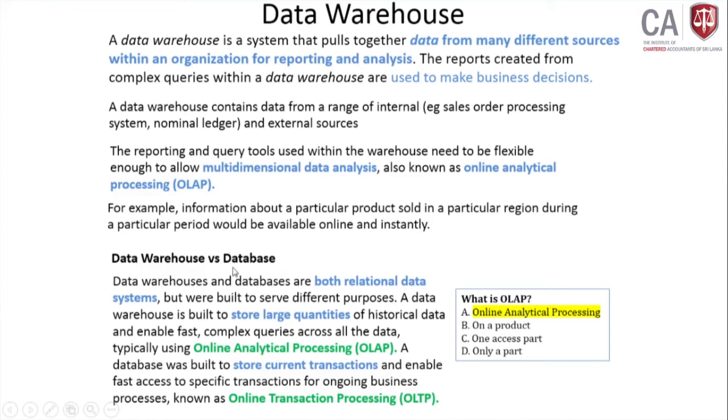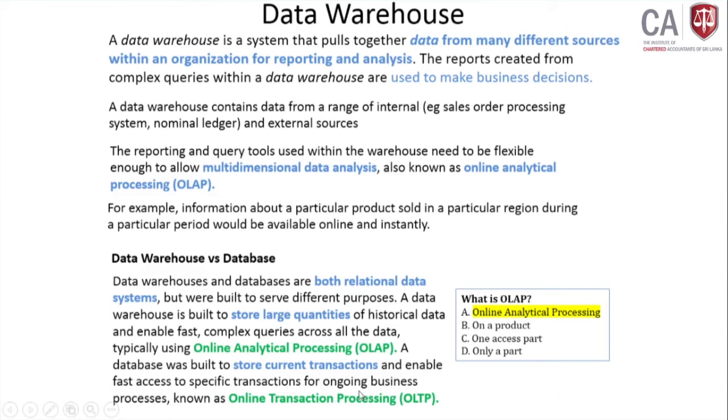Data warehouse and database. What's the difference between a data warehouse and a database? Data warehouses and databases are both relational data systems that store large quantities of data. A data warehouse stores large quantities of historical data, typically using online analytical processing. A database stores current transactions and enables fast access to specific transactions for ongoing business.